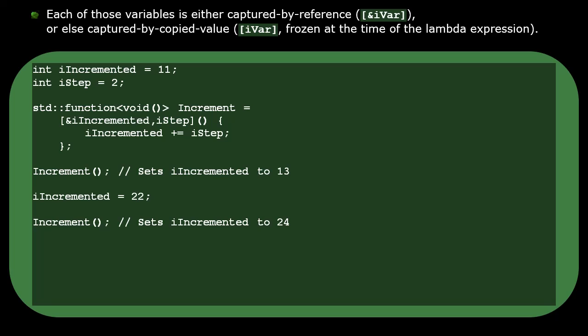Later on, our software calls the callable object. Anywhere that the statement body was programmed to use the iStep identifier, the procedure does not interact with the actual iStep variable. Instead, where the statement body has the iStep identifier, this lambda uses its remembered value of 2.